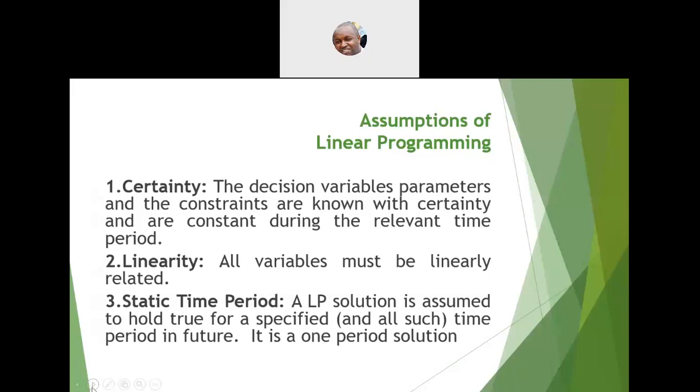We also assume that they must be linearly related, all of them. If they are not linearly related, then we may not be able to solve the linear programming problem, and it must relate to a period of time. It is a one period solution. That's what we mean by static time period.